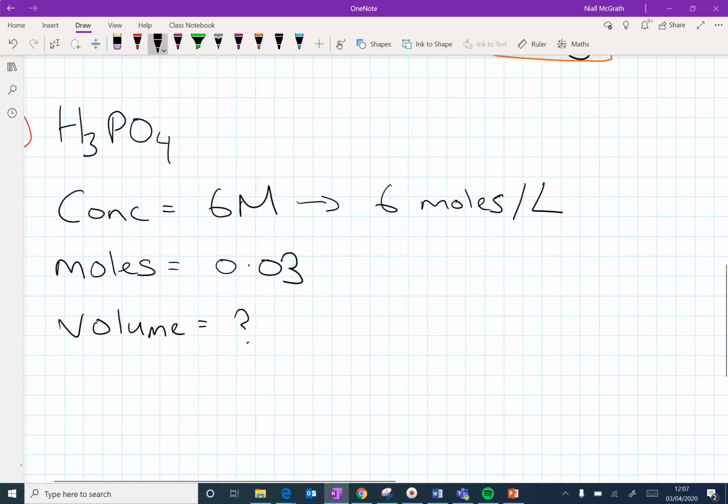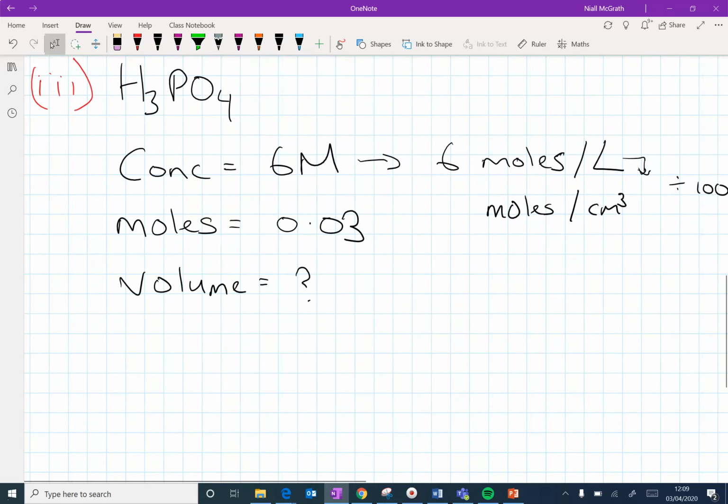We were asked in the question for centimetres cubed, so to get it to moles per centimetre cubed, with 1000 centimetres cubed in a litre, we are going to divide by 1000.